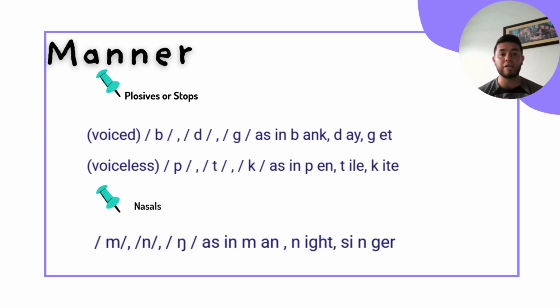As I said before, for the nasals, we use the tongue touching the palate, the last part of the tongue, and we cut the air in the vocal cords as well, right? The last one we can pronounce with some words that end with ing.